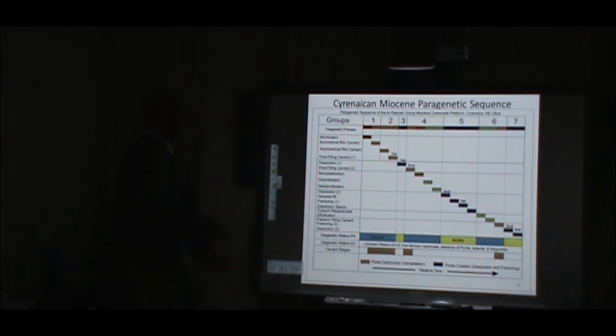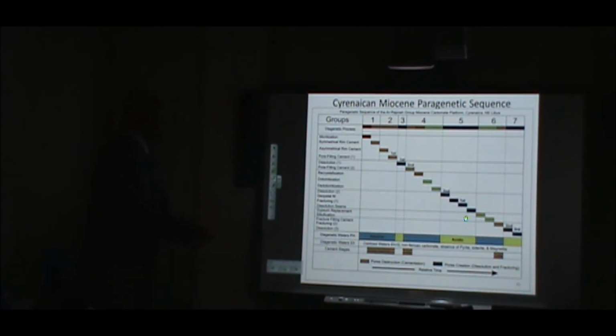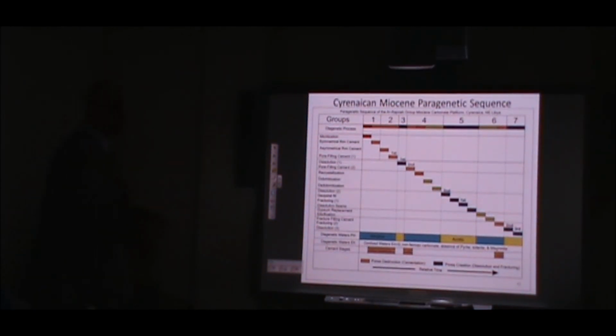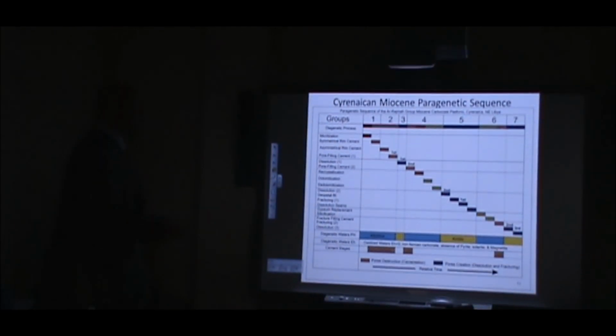Again, this is a recap for the paragenetic sequence, and these 18 events can be grouped into two categories: porosity creation events, which is the blue colors, the dissolution and fracturing, and the porosity destruction events, which is cementation, fracture filling. All the others are destruction events.